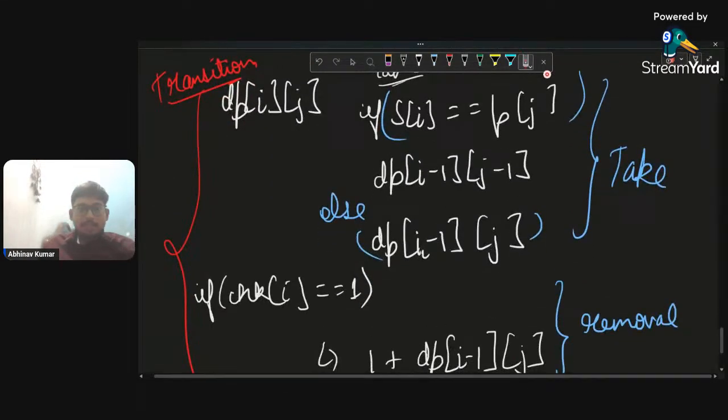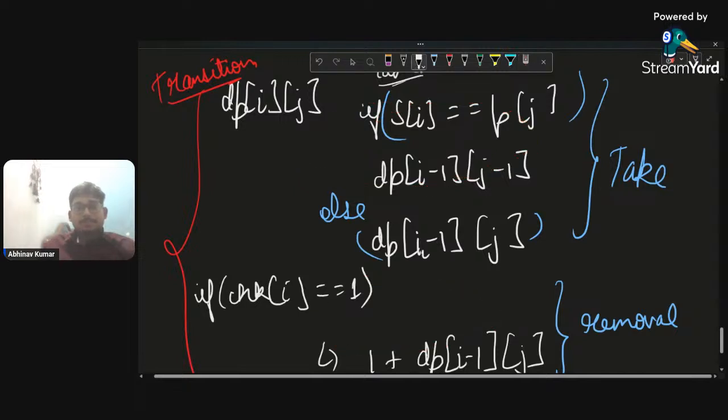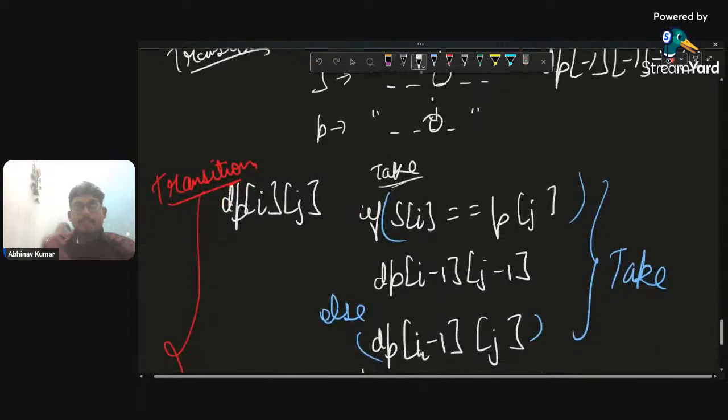So that thing we would have to consider while taking my transitions is that any of these dp can also have a -1 in our answer.